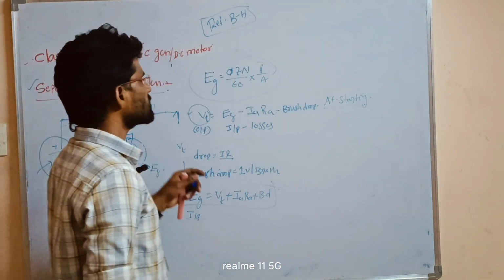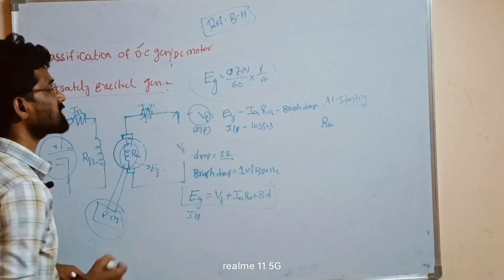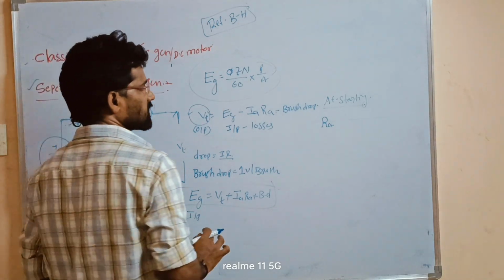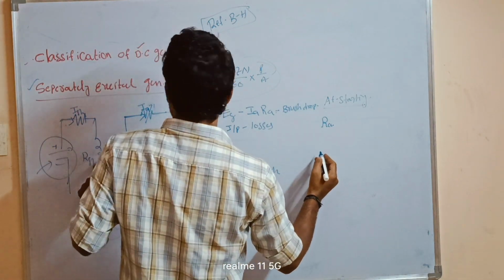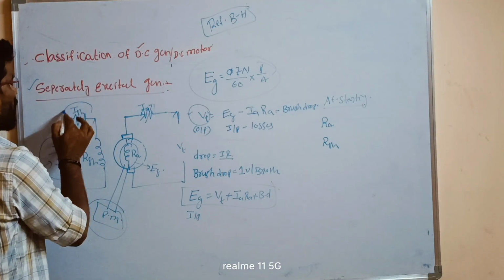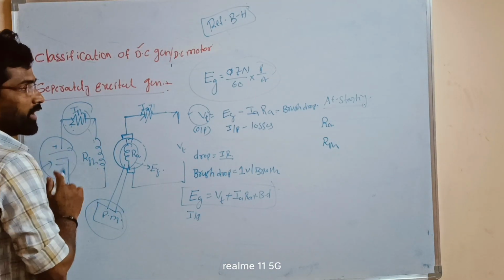One is the armature resistor, that is RA, in series with the armature. Another one is RSH, the resistance connected in series with the field winding.